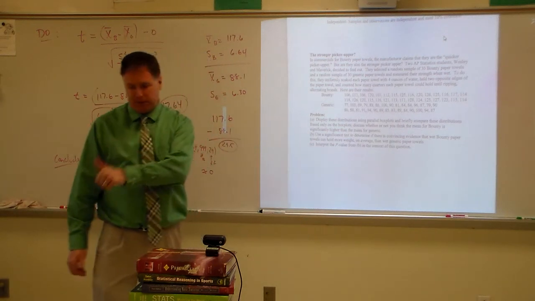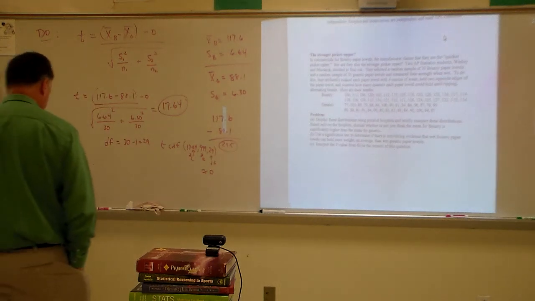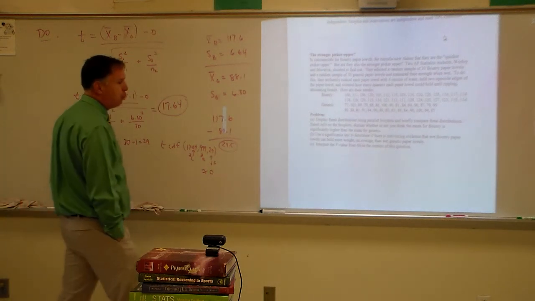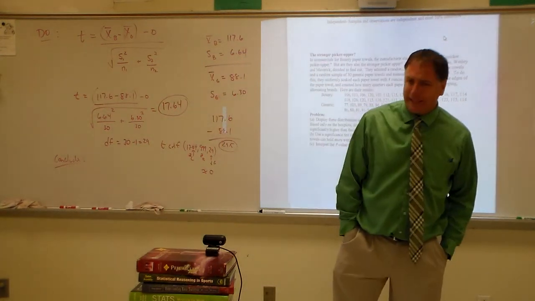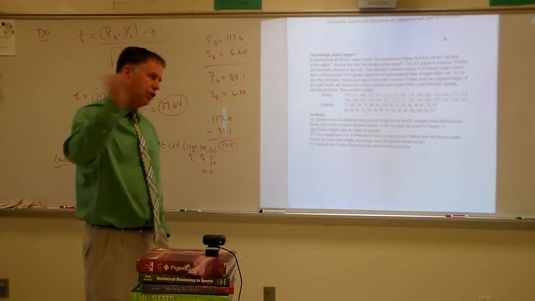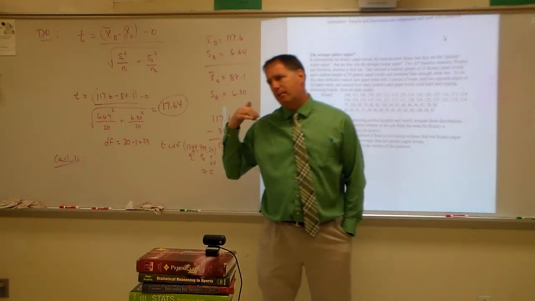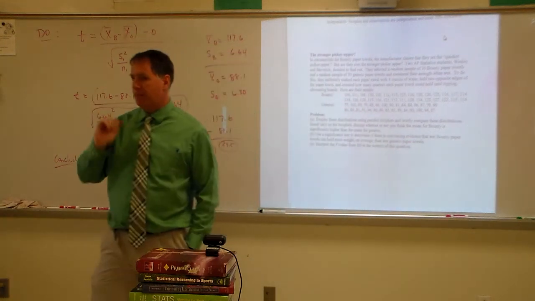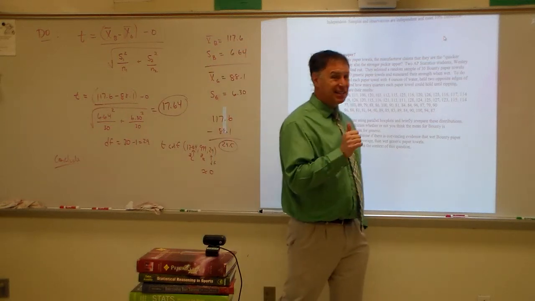Part C, interpret the p-value. So, if the mean difference between the two paper towel strengths is really 0, if the null hypothesis is true, we're assuming the difference between the strength of Bounty paper towels and generic paper towels is 0.